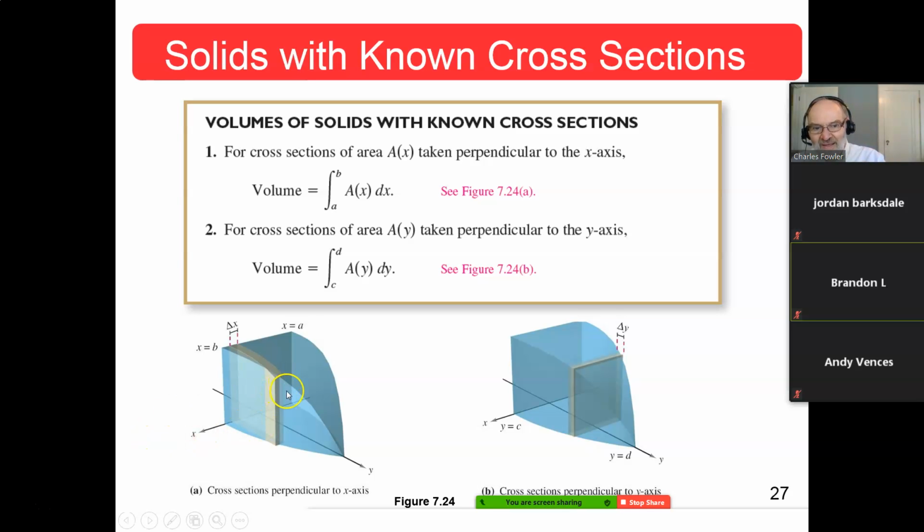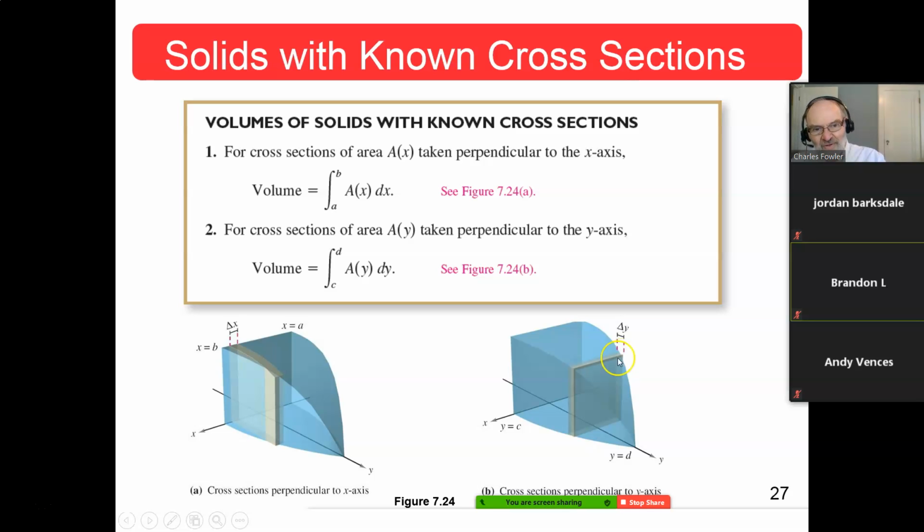However, if we took the cross section with the y-axis, and do a dy here, your length down here appears to be the same as the length up here.